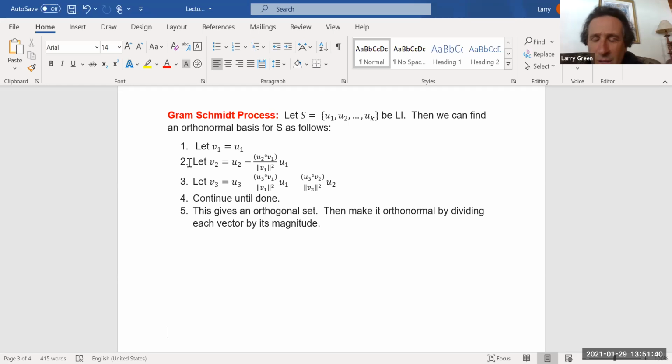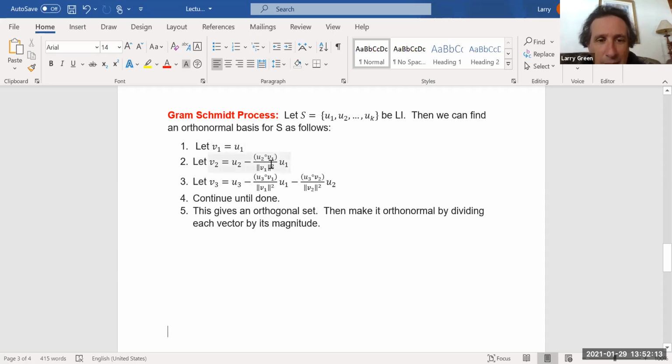Just a note, let's see if you can do this. What is V1 dotted with V2? If you dot step 1 and step 2, what do you get? 0. Okay, you get 0 because it's U1 dot U2 for this first term, and you can take minus U2 dot V1.